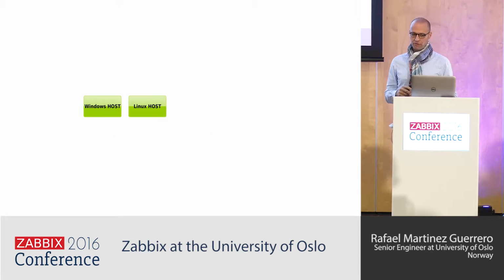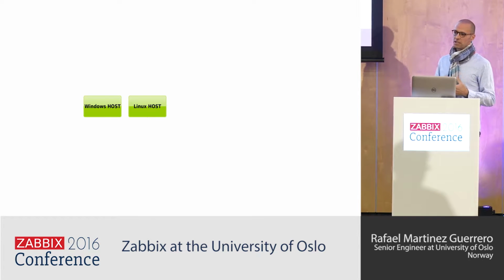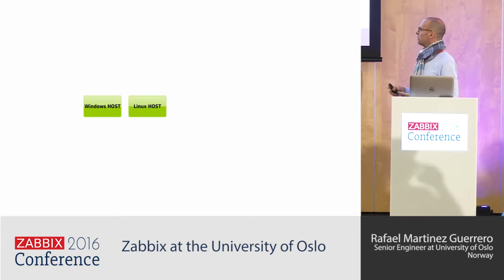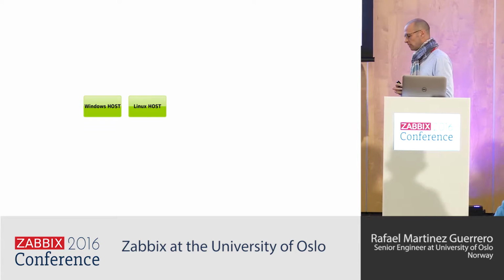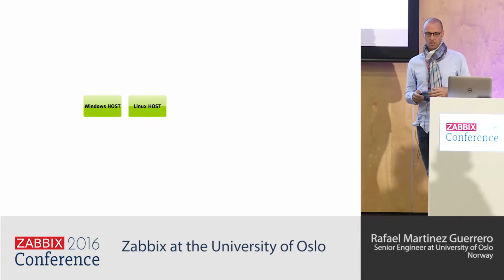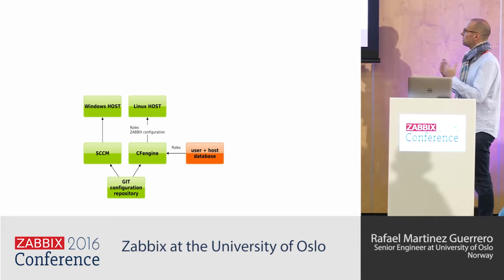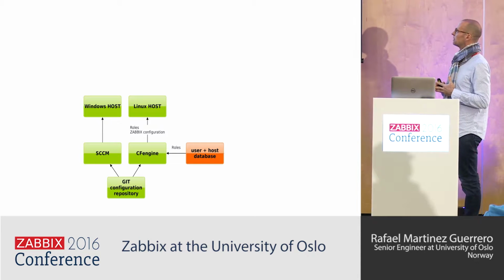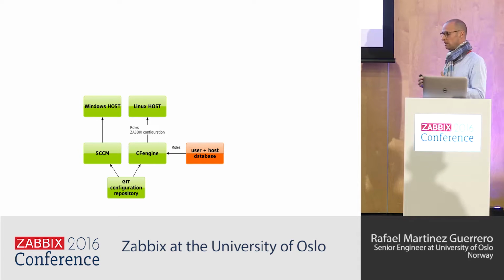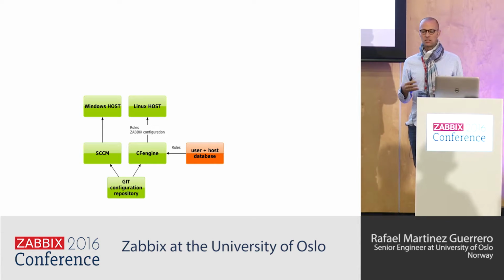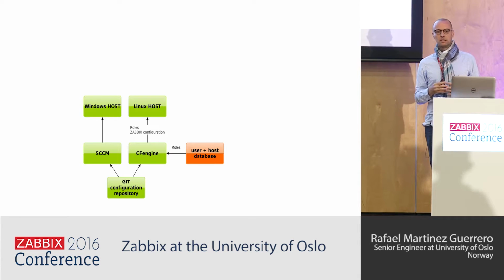I'm going to show you very briefly an overview of the automation process for servers that we have. We start with Linux or Windows hosts. Somebody installs or creates them. When they are in place, our configuration manager goes in and starts configuring these machines. The most important thing from the monitoring perspective is that they install and configure the Zabbix agent, and the same with the NuHem agent.